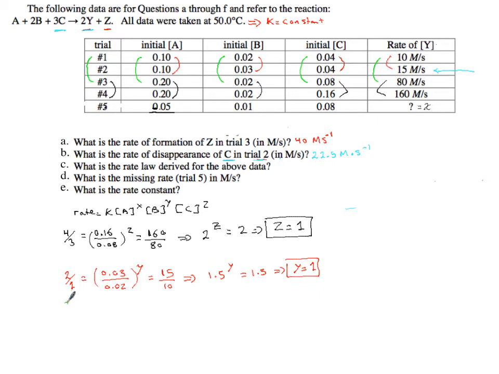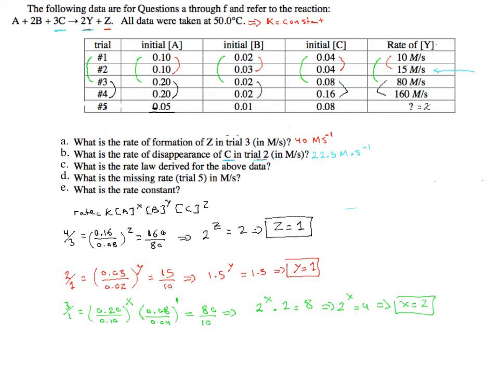So experiment 3 divided by 1, 0.2 divided by 0.1 for A raised to power X. B's are constant, they go away, but C is 0.08 divided by 0.04 raised to power Z, which we know is 1, is equal to 80 divided by 10. Let's simplify, see what we have. 2 to power X multiplied by 2 is equal to 8. So 2 to power X equals 4. So X is second order with respect to A.